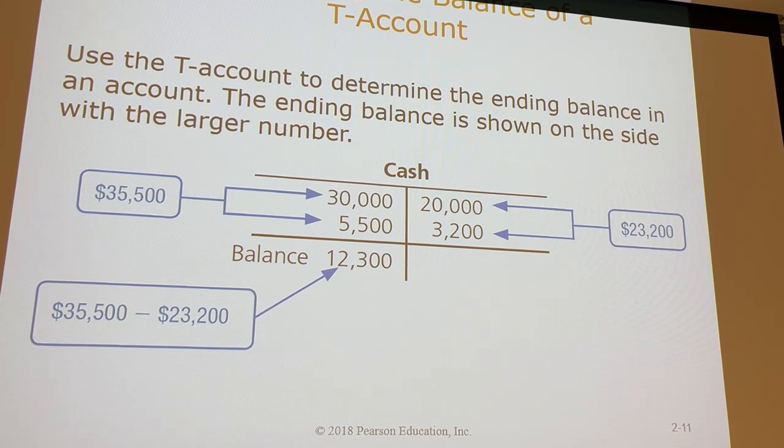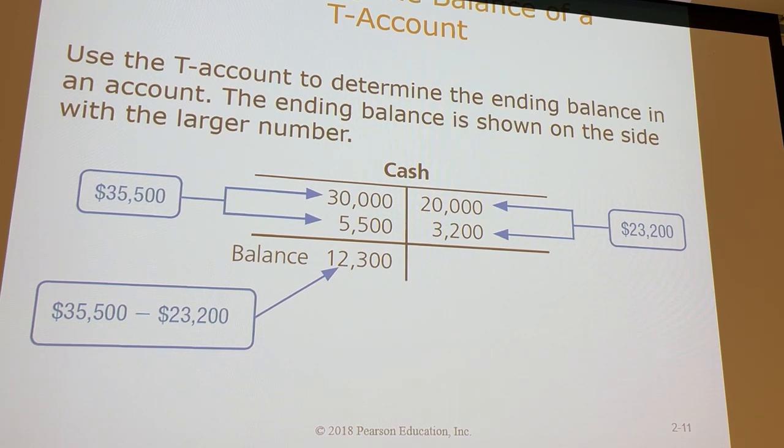Here for the cash account, we see that there were 2 debit entries that were made, increasing the amount of cash. There were also 2 credit entries made, decreasing the amount of cash. The way we determine the balance at the end of the period in the cash account is that we add up all of the debits, which in this case would come to $35,500. Then we add up all the credits, which would be $23,200.